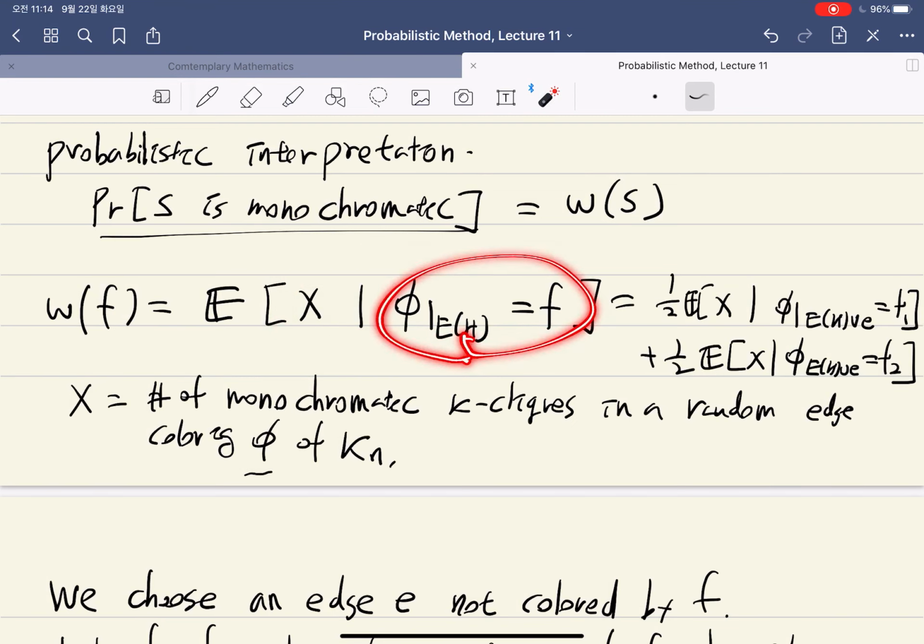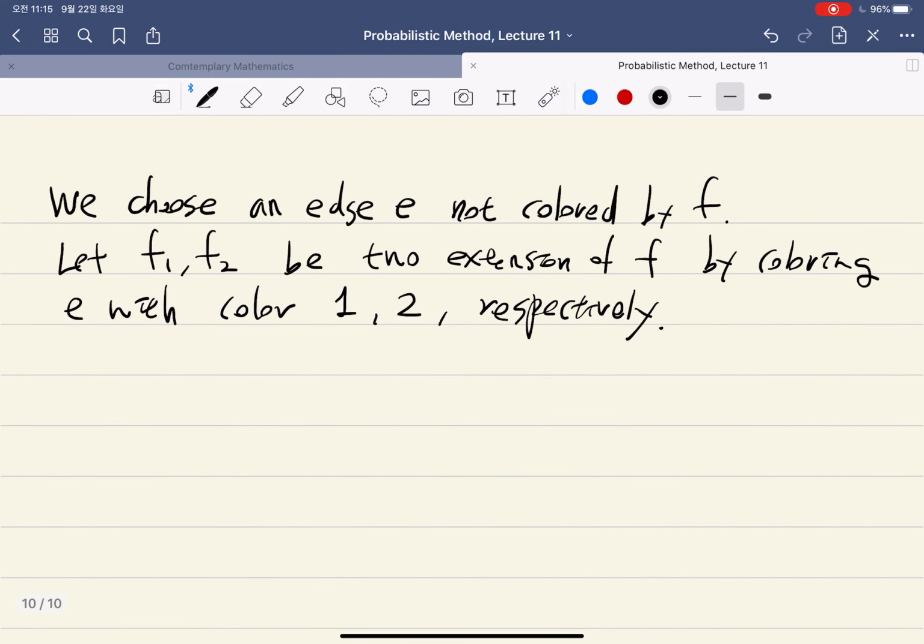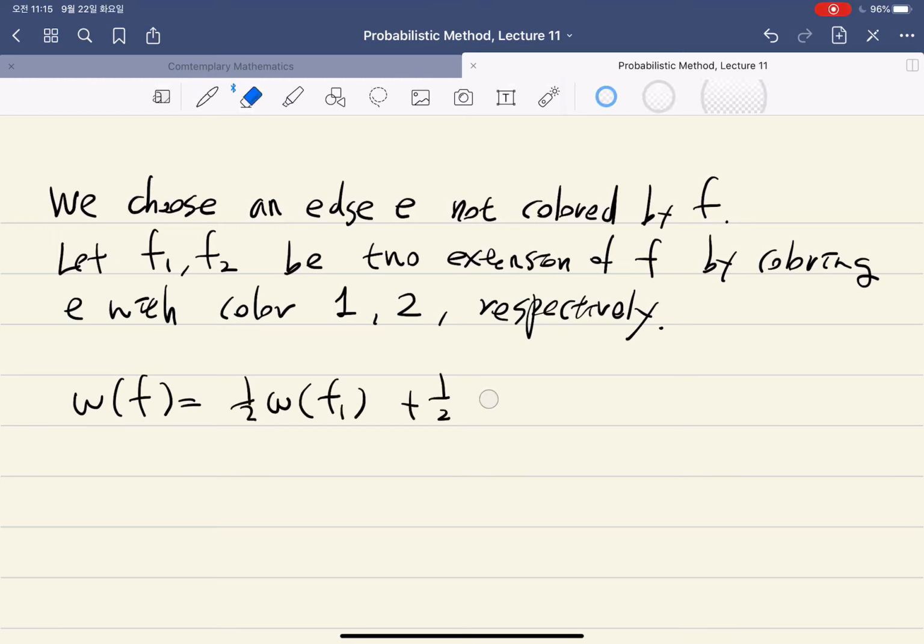Assuming this, there are two cases, E is colored with 1 and E is colored with 2, and we consider the expectation and then multiply by the probability that E is colored with 1 and with 2, and we get the original expectation. So because of this, what we know? We know that weight of F is half times weight of F1 plus half times weight of F2.